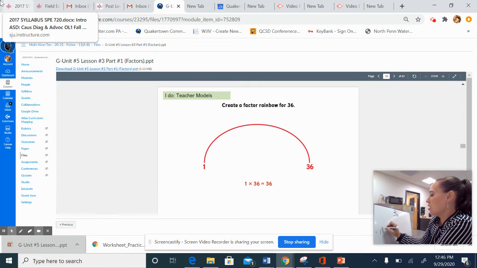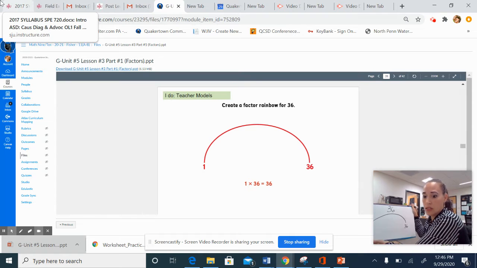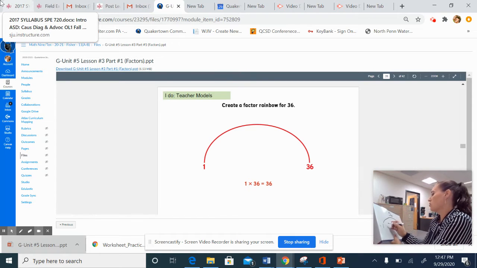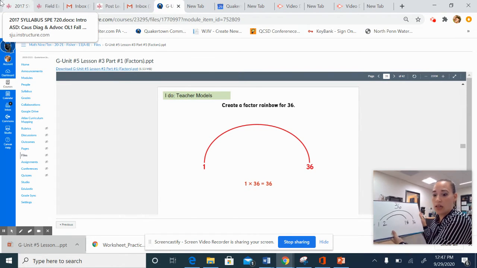I'm going to say 1, and I do this big arc to 36 to let you know 1 times 36 gives you 36. Now we just figured out 2 times 18 gives you 36. So I'm going to do 2, and I'm going to put 18. Then that shows you 2 times 18 gives you 36.